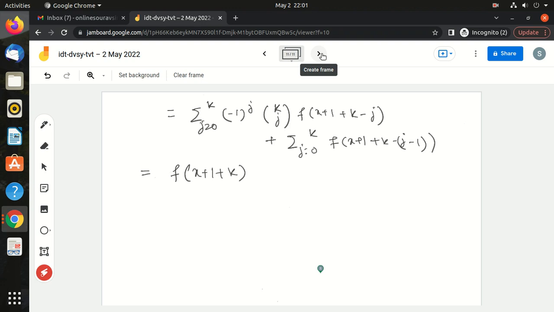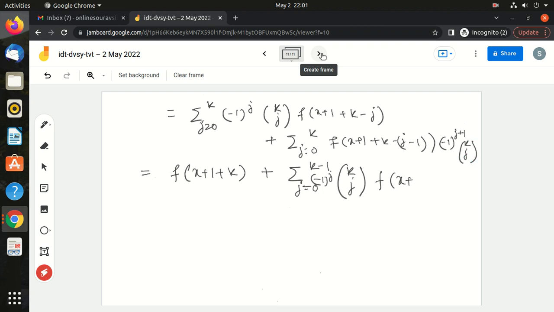Then what you get here, j runs from 0 to k minus 1, k choose j, f of x plus 1, (-1)^j, and there also was something, (-1)^(j+1), k choose j.